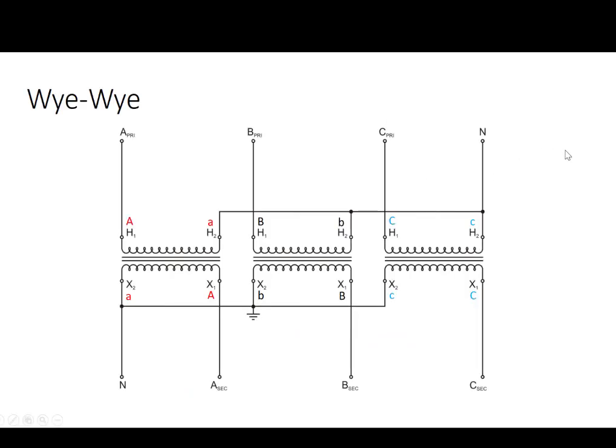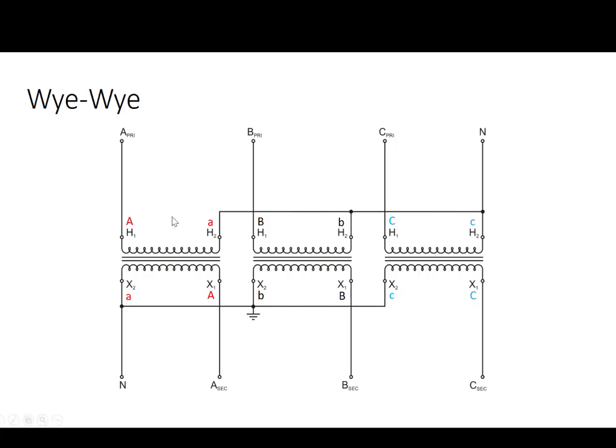Now, again, this is maybe an easier way to look at how the three single-phase transformers are connected together to give us a Y primary and Y secondary system. If I look at three single-phase transformers, think of this as transformer A, this is transformer B, this is transformer C. They're all single-phase transformers, one H winding and one X winding.